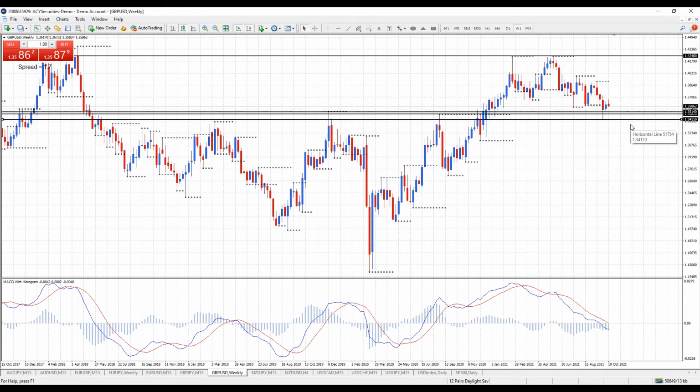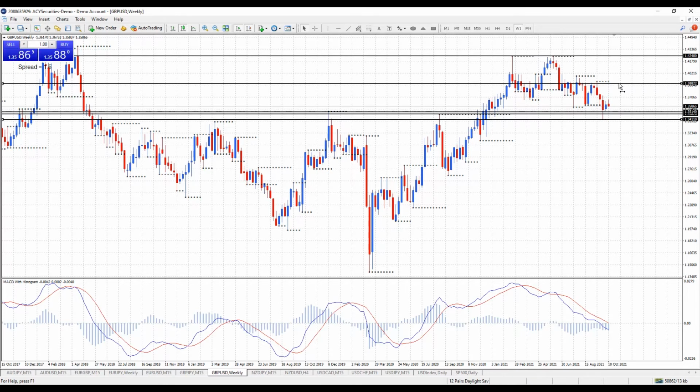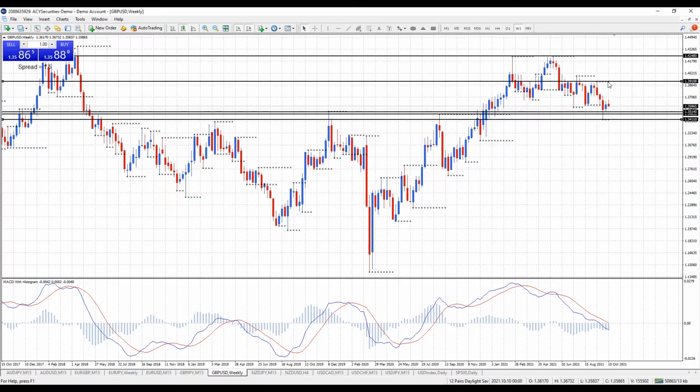Weekly support, and we're just contending with this level here at 136.02. That could be considered as weekly resistance. Stronger level of resistance would be all the way up here at 139.13. I don't think we're going to get there this week, but we'll just put it on the chart.